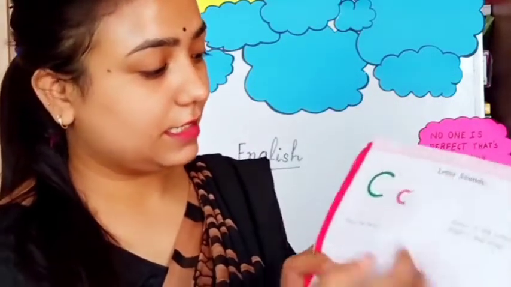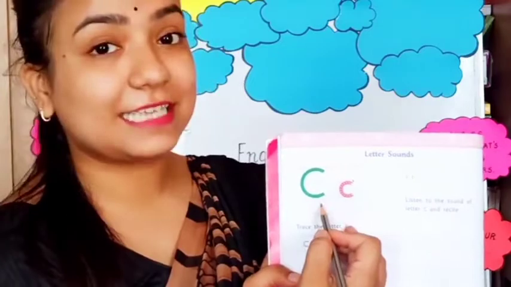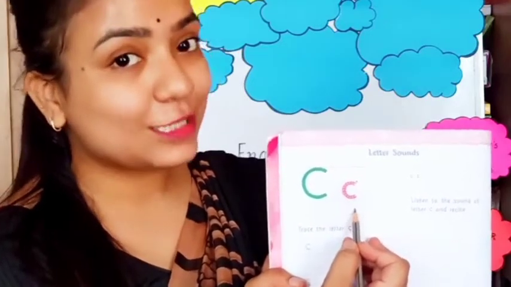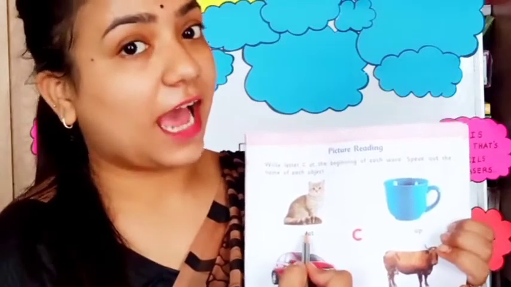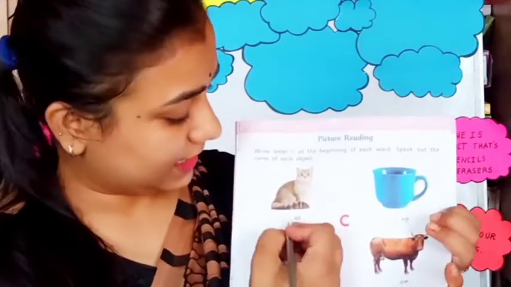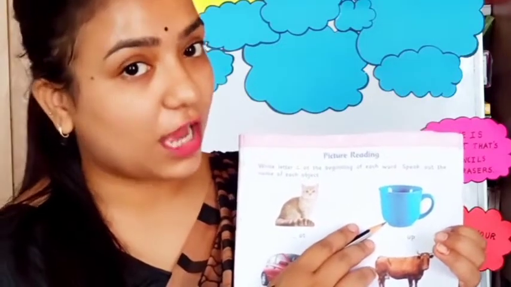Now coming to the next letter, that is letter C. This is capital C and this is small c. C is for cat. Cat starts with the letter C. C is for cup.